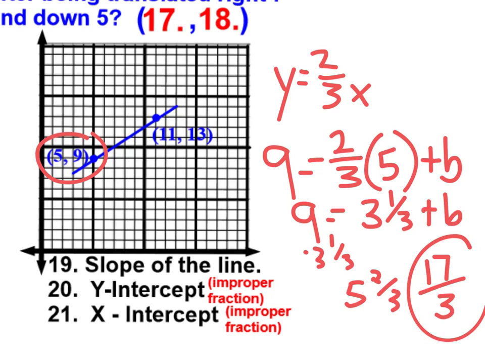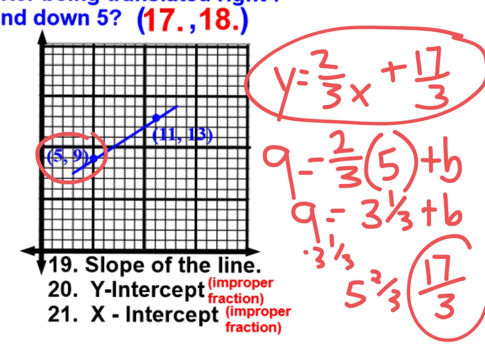Now that we know that, how do I find the x-intercept? Well, now that I know the equation, I can simply put in the x-intercept by getting y to be 0. So let me make y 0. I would subtract 17/3 and divide by 2/3.